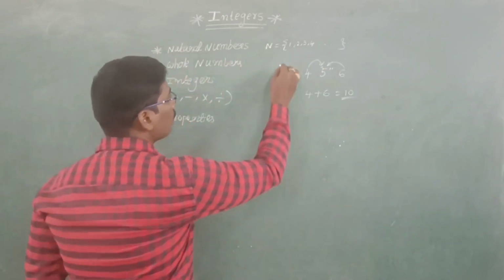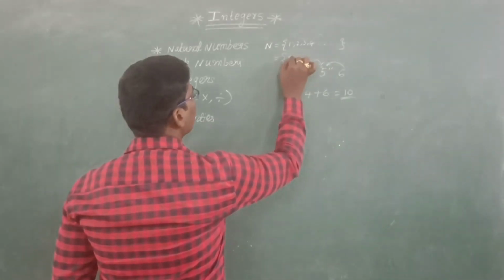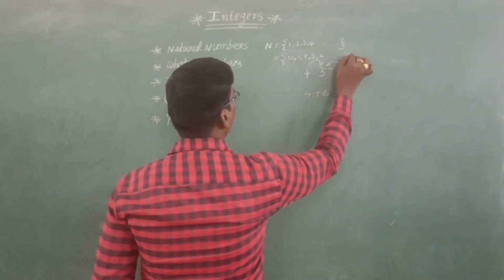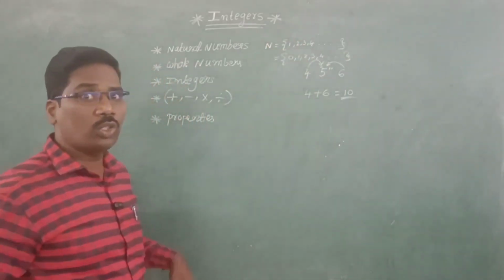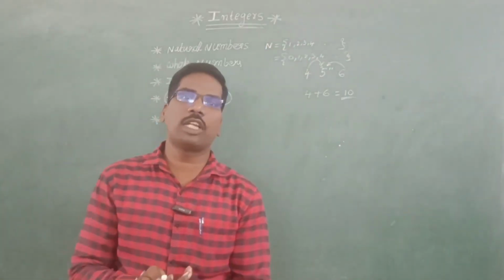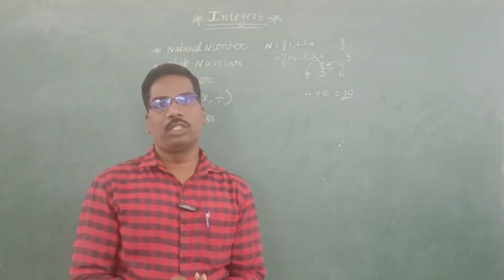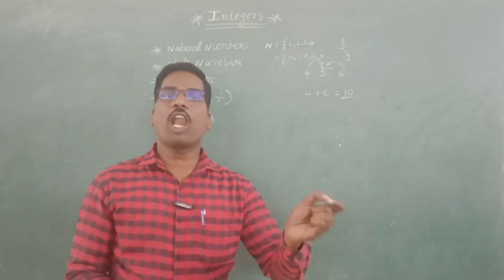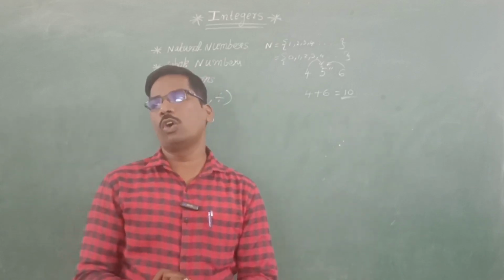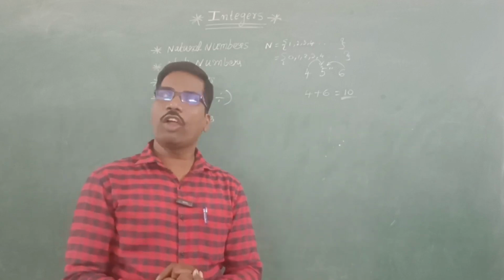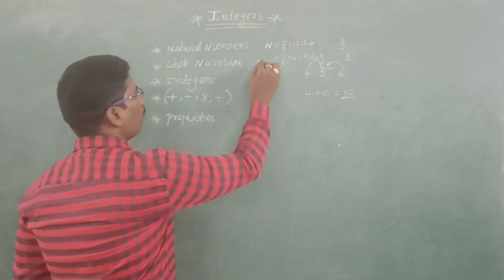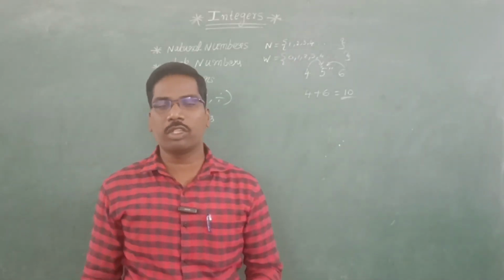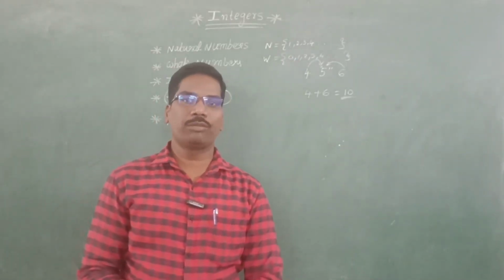If we include 0 in the natural numbers, that is 0, 1, 2, 3, 4 and so on, we get a new number system called whole numbers. The natural numbers along with 0 are called whole numbers. It is denoted with W, because whole numbers start with W.